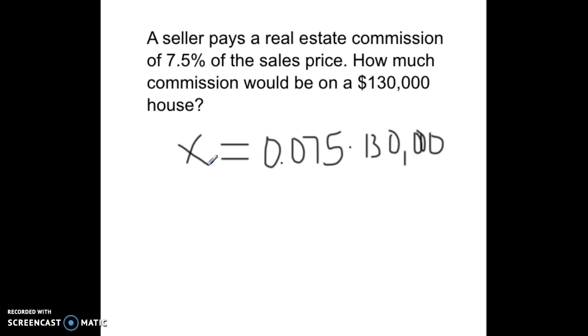So it's going to be 0.075 times 130,000, and this person is going to earn $9,750 for selling that house.